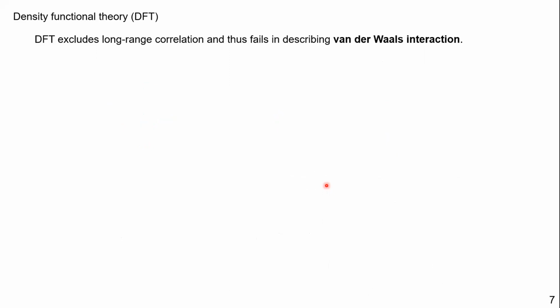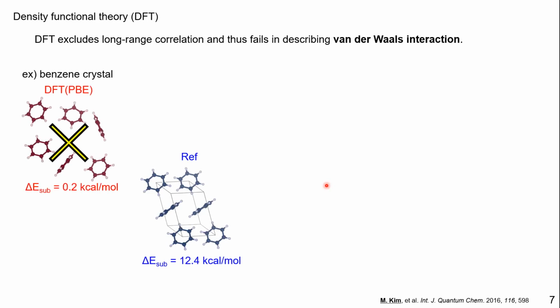So these semi-local approximations make DFT a poor predictor of the van der Waals correction energy, as well as the long range correlation. The main problem for DFT is that it excludes this long range correlation, and because of this, it fails to describe the van der Waals interaction.